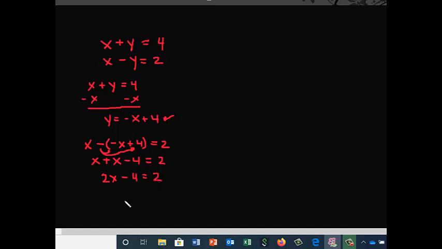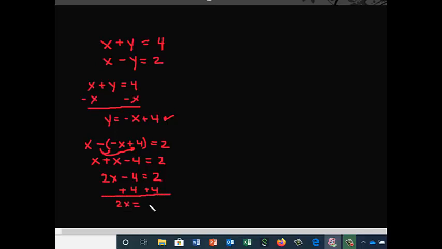So in this case now we want to solve for x. And when we solve for x, we'll use back substitution and substitute that value into the other equation. So we're going to add 4 to both sides here. I'm getting below the screen here.